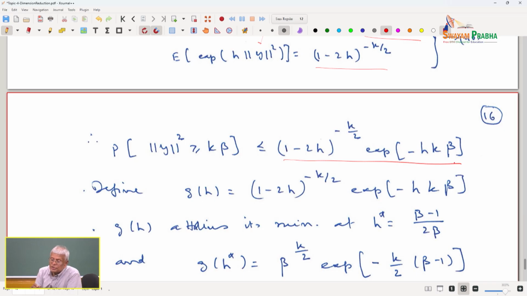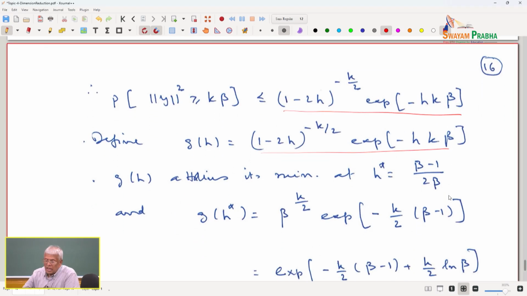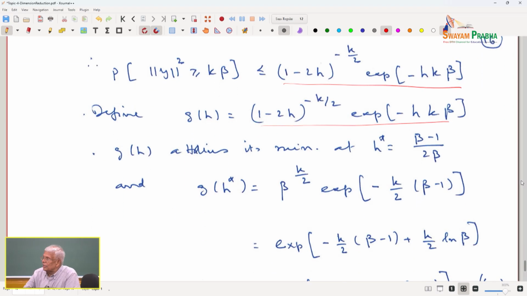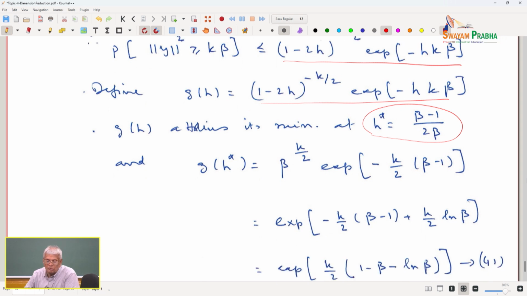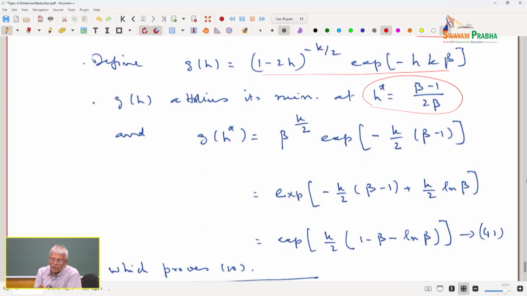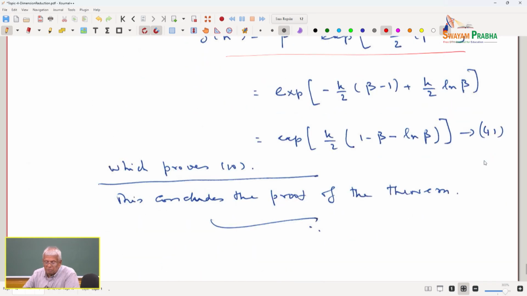This is a function of h, and h is a free parameter. I'm going to identify g of h, and g of h attains its minimum value at h star equal to (1 minus beta) by 2 beta. G of h star, the optimal value, is given by this, and that gives rise to 41, which in turn helps you to prove 10. So we have now proved the entire result.